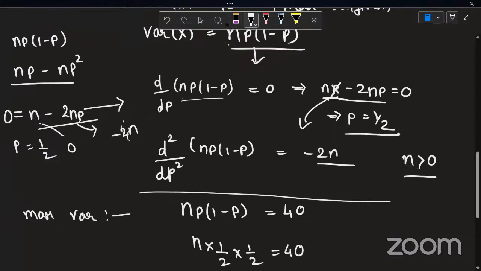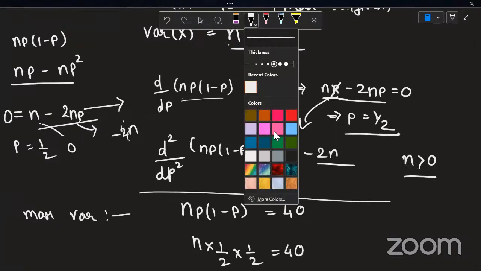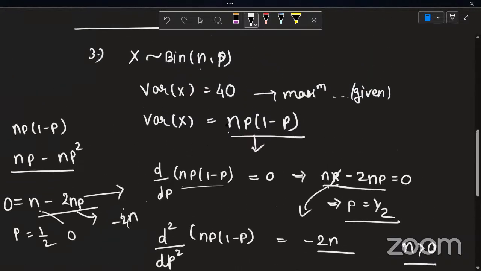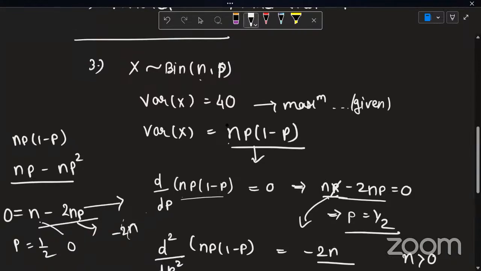Thank you. Ma'am, do we have to practice differentiation for such questions? No. If you directly know, like some people answered me that variance will be maximum when p is equal to 1 by 2. But I just took the part from where this 1 by 2 came from, right? Yes, ma'am. So these are basic things.